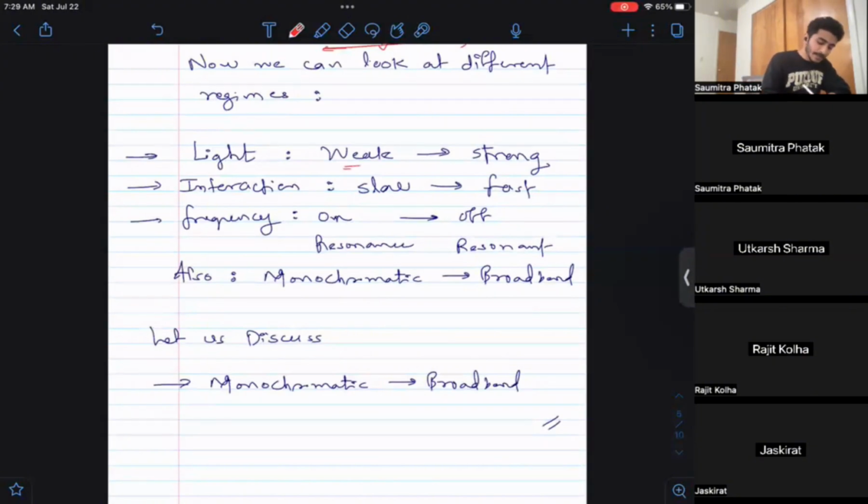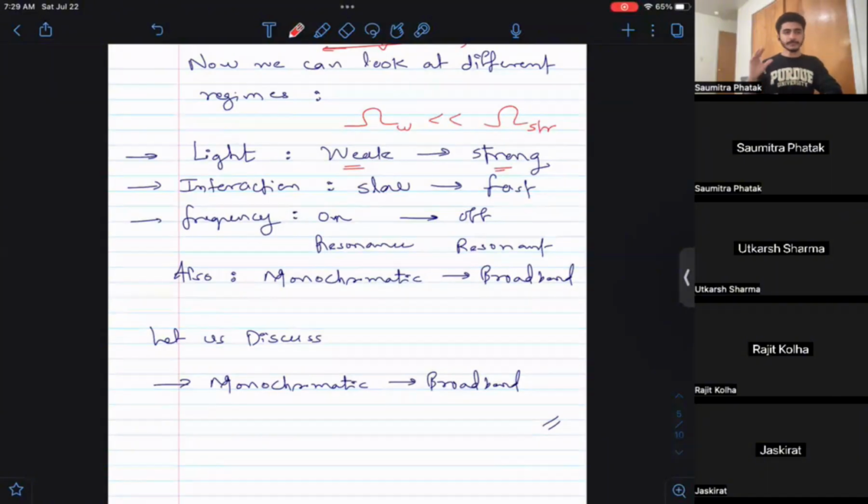The light can vary from being weak to strong. For a weaker light, you can imagine there will be a lesser electric field, and basically a small omega. So omega for weak light is much smaller than omega for strong light. And omega is the Rabi frequency.